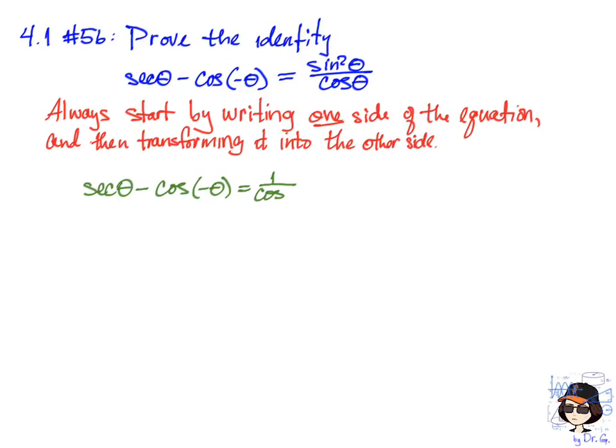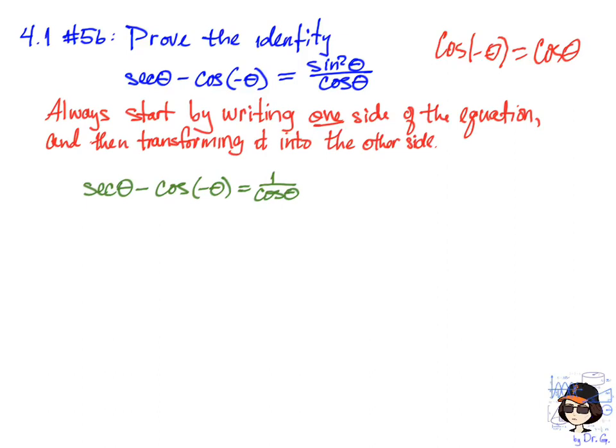So the secant of theta is really 1 over the cosine of theta. And then we're going to use the fact that the cosine function is even, and we know that the cosine of negative theta is always equal to the cosine of theta, right? Because it's an even function.